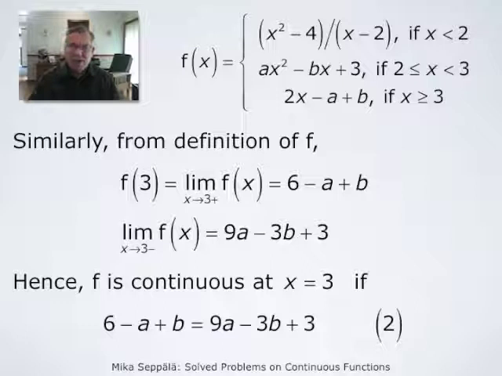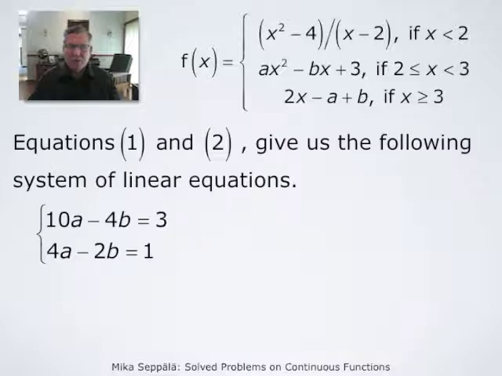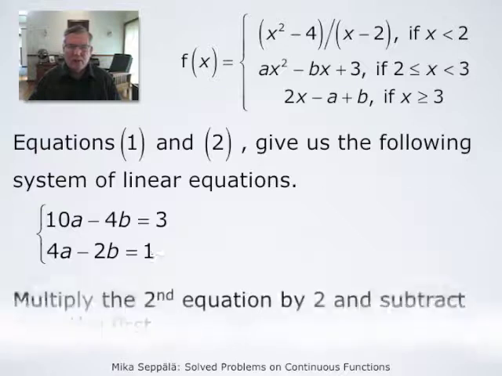So we conclude f is continuous at x equals 3 if 6 minus a plus b equals 9a minus 3b plus 3. And this is the second condition. So now we have obtained two conditions, and we have two unknowns, and these two conditions simplify to 10a minus 4b equals 3 and 4a minus 2b equals 1.